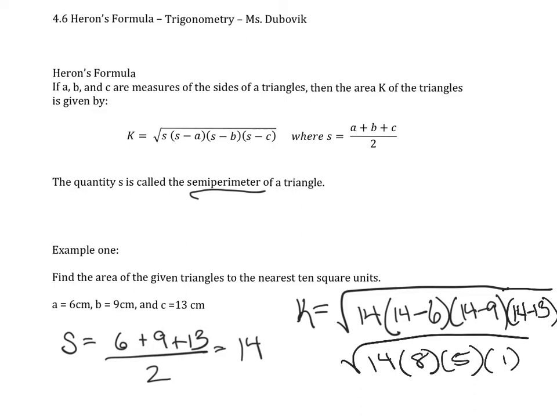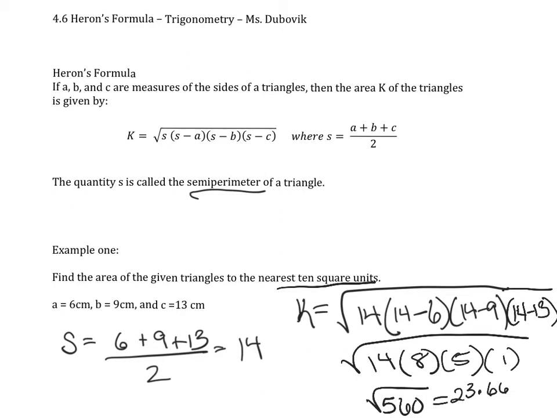When you do that, let me go back. Inside, 14 times 8 times 5 times 1 is 560. When you take the square root of 560, you end up getting 23.66, which they want us to round to the nearest 10 square units.